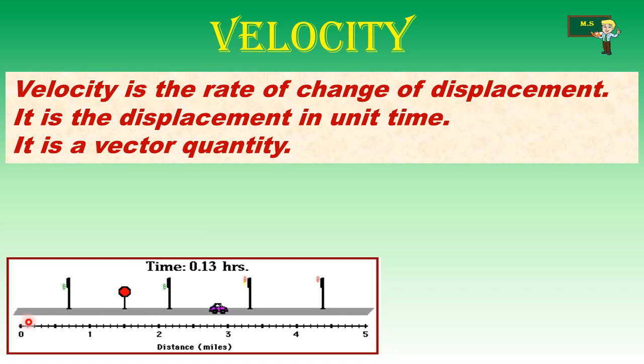The car starts from the 0 mile and ends at the 5 miles, and it starts at 0 minutes and ends at 20 minutes. So the car travels, that means its displacement is 5 miles per 20 minutes.